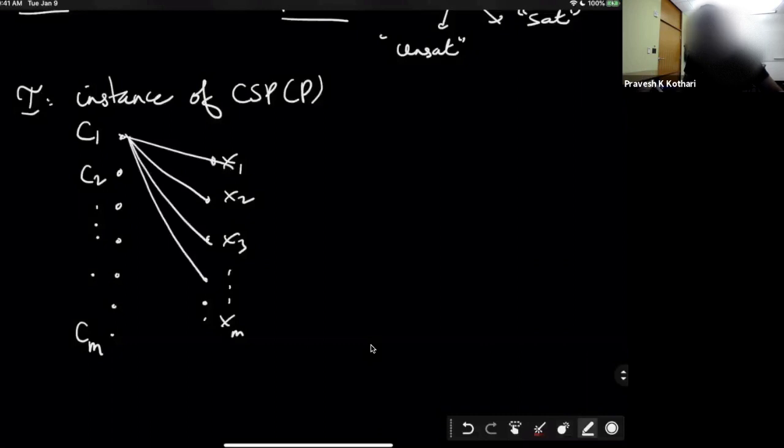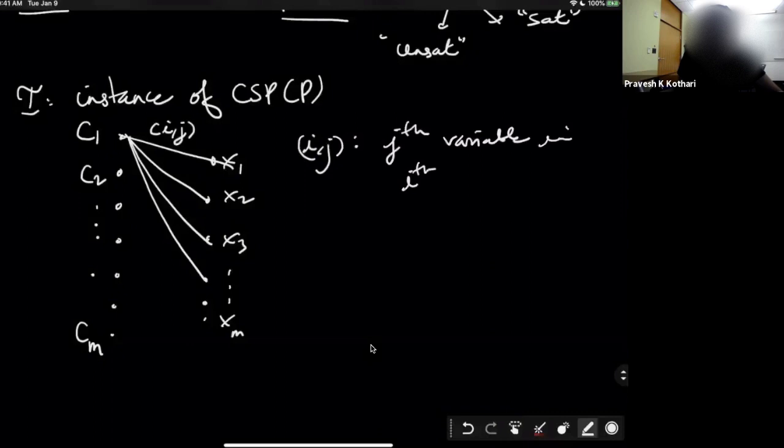I can think of the first edge from C1, the second edge from C1, the third edge from C1, and so on. The first edge denotes which is the first variable, the second edge denotes which is the second variable, and so on. These edges can be thought of as labeled by pairs ij, where ij stands for the jth variable in the ith constraint.